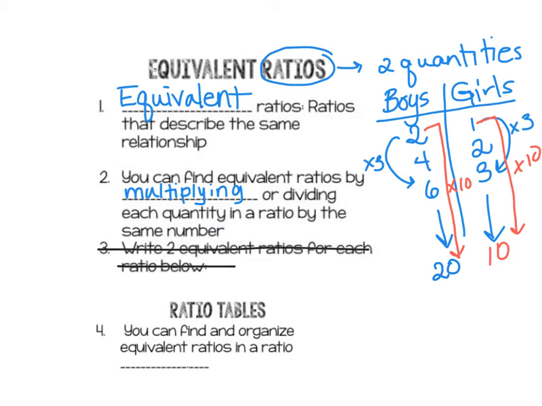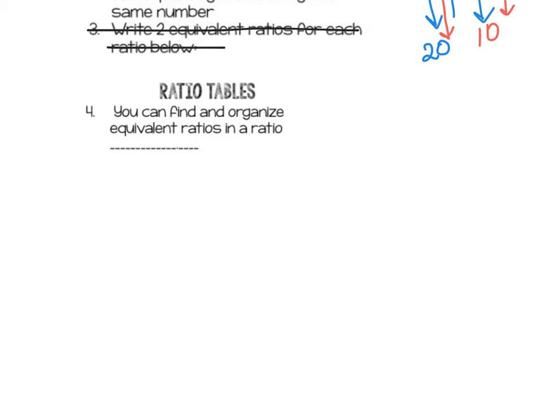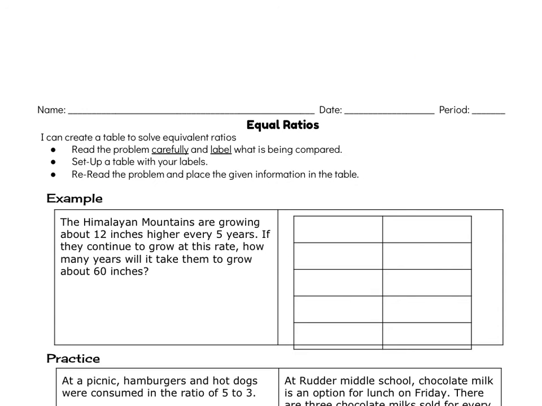Sorry about that. Okay, so let's take a look at ratio tables. You can find and organize equivalent ratios in a ratio table. And I don't want you to think this is anything different than what you've already done. So basically, you're making a table just like I did. So the first table that we're going to talk about is actually the one that is on the equal ratios paper.